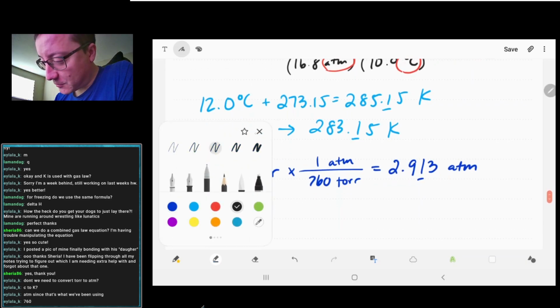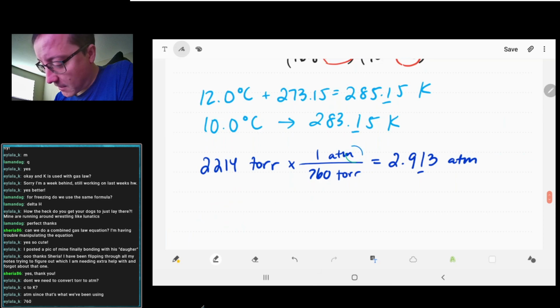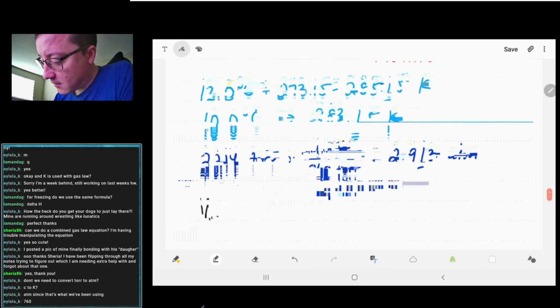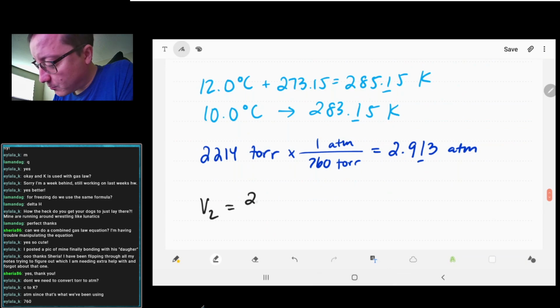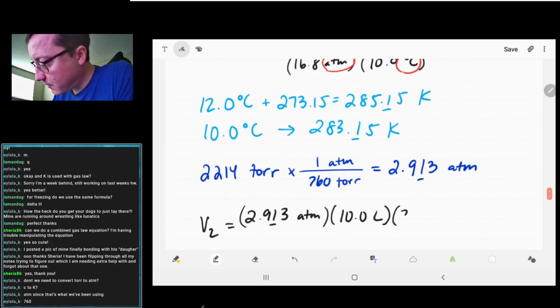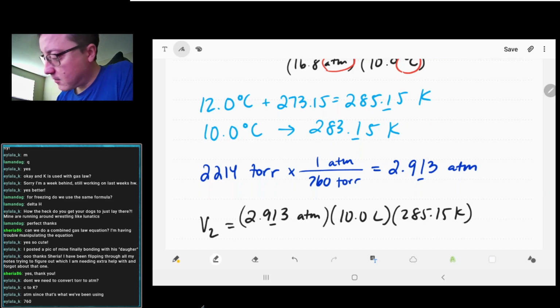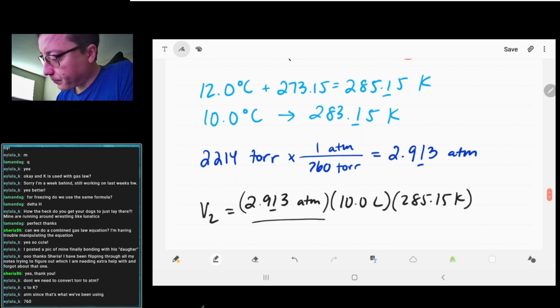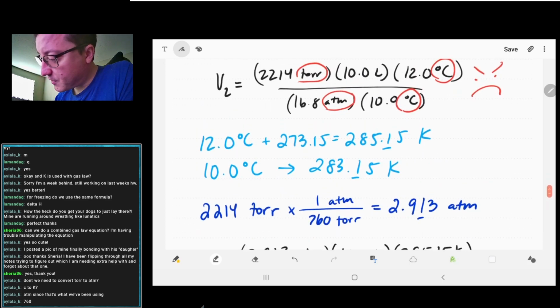So V2, I'm going to have to scroll up a bit on this one because I've forgotten all our numbers by now. Okay, pressure first was 2.913 atmospheres. We had 10 liters and 12 Celsius, which was 285.15 K. Our second pressure was 16.8.